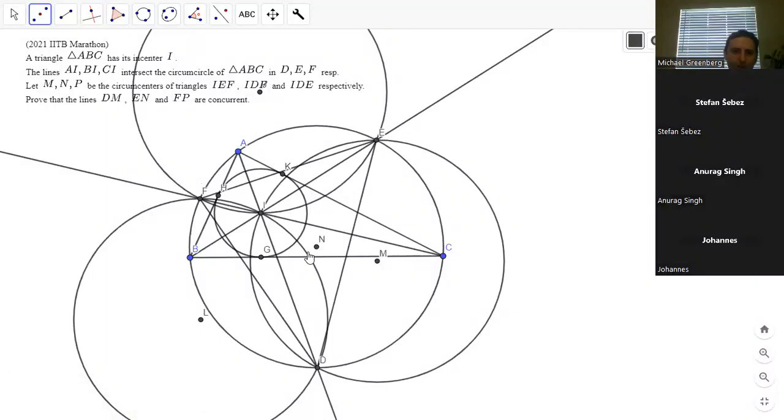So you can just, for example, see that those three lines concur on the 9-point center.